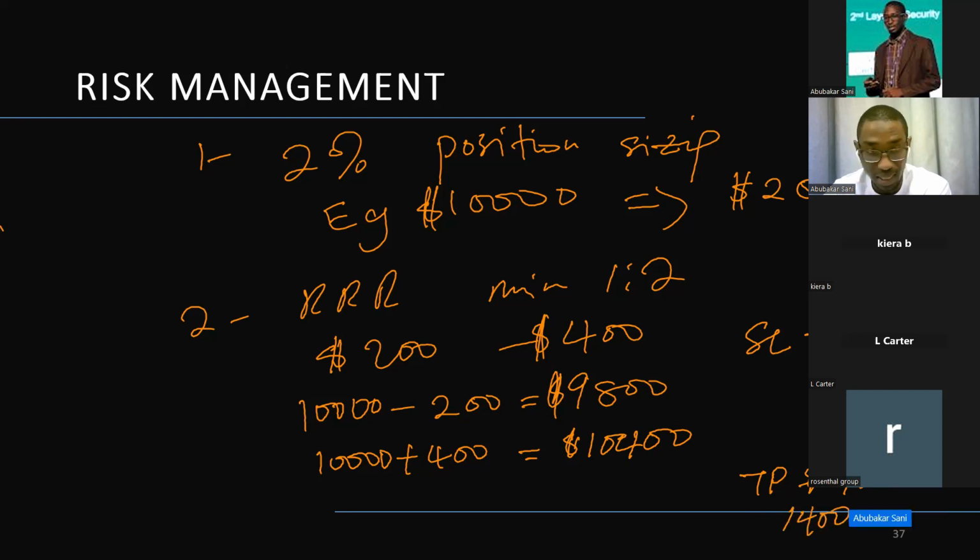If Tesla was, let's say, 500 when I bought it, I'm hoping once it reaches 900, I will sell and take my $400 profit. So this is my RRR, the risk reward ratio. With this, I am able to maintain and manage my account.